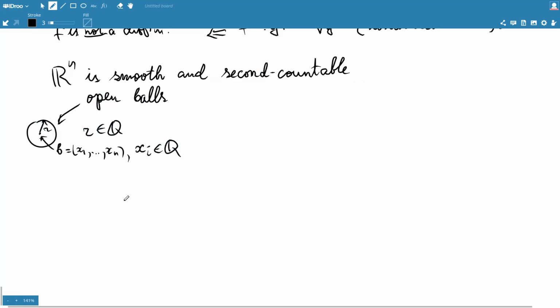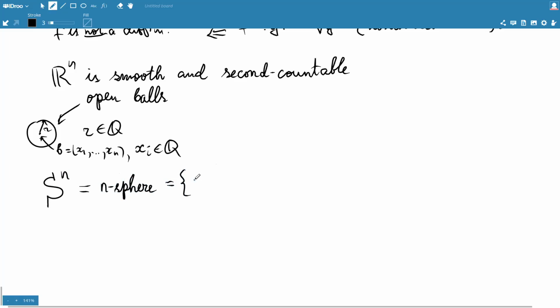Okay, a more interesting example is, of course, the n-dimensional sphere, or shortly n-sphere, which is given by the known equation.